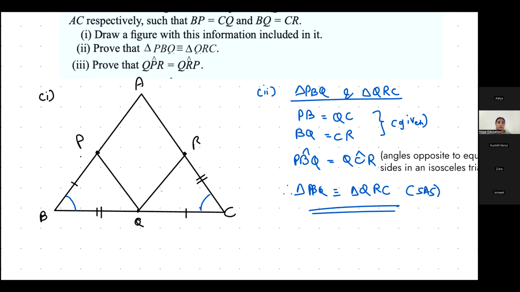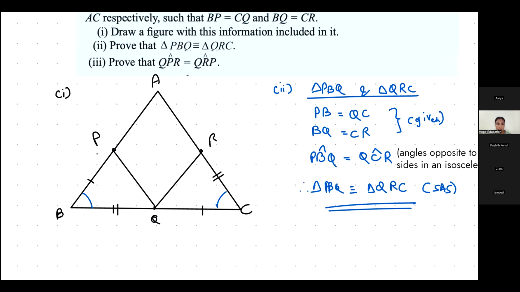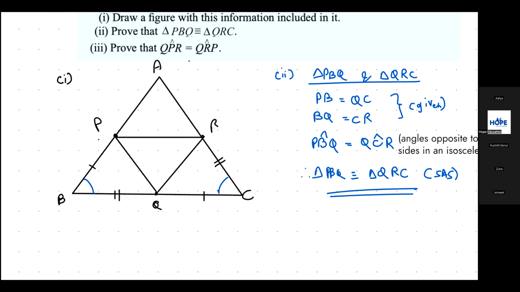All right. Then the next question is also not that difficult. It's quite easy. We have to prove that QPR, when we join these two lines. They have given that AB is equal to AC.